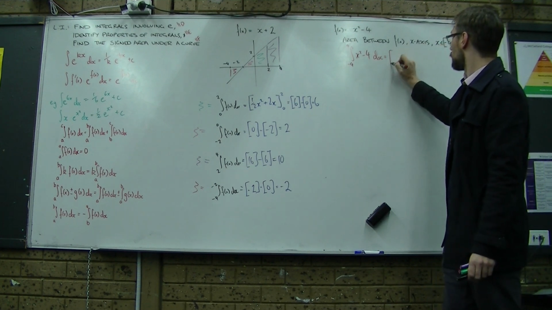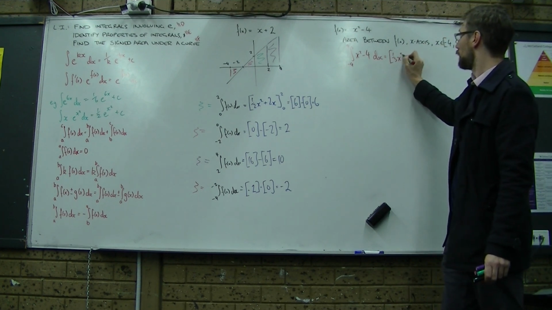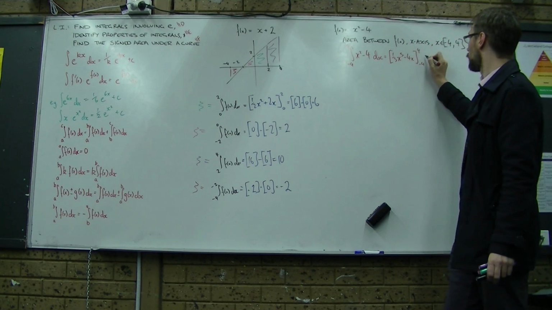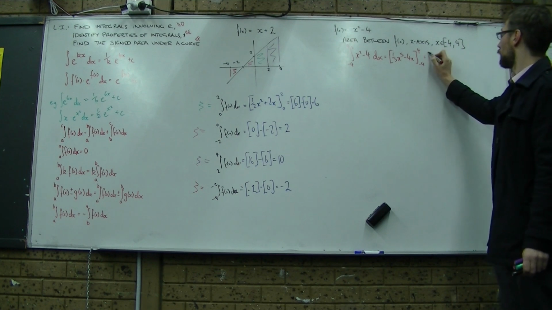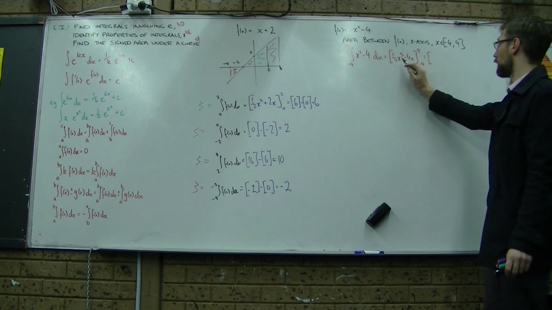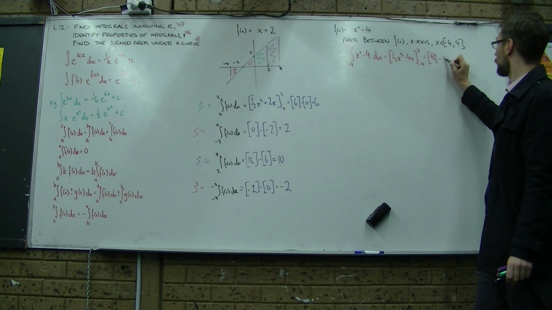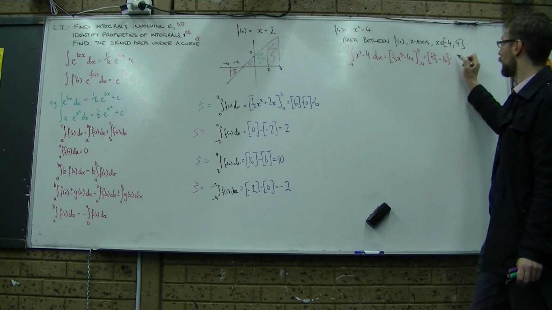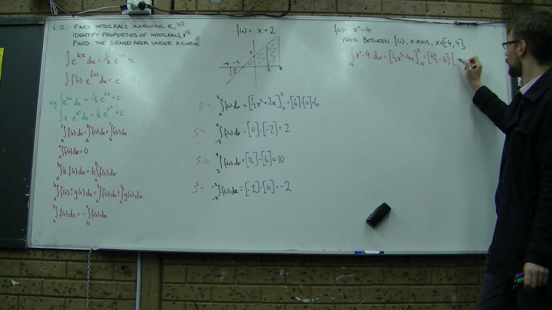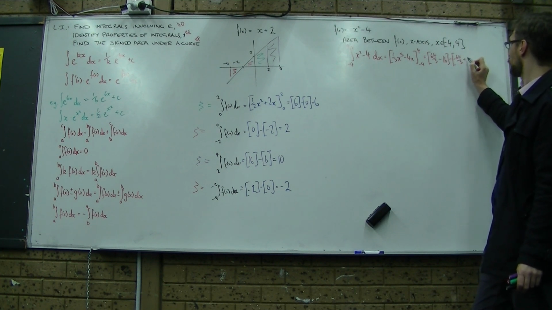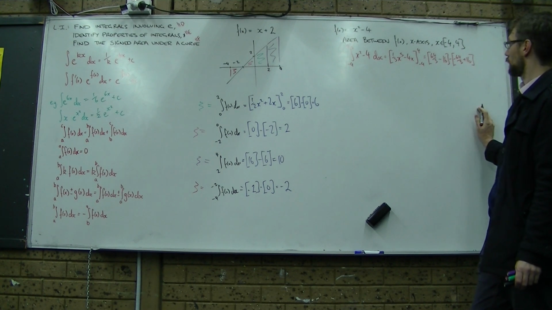What do we get? Four gives us whatever it is. What's this? 64 on 3. Yuck. Minus 16. Minus negative 64 on 3 plus 16. Is that what we get? Yep.